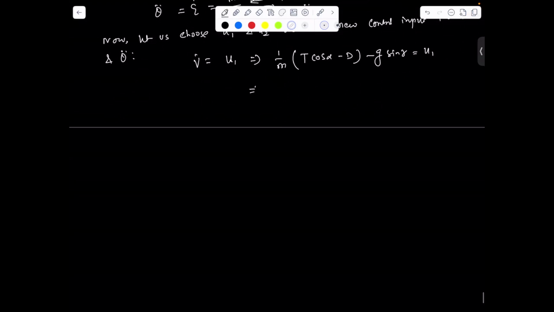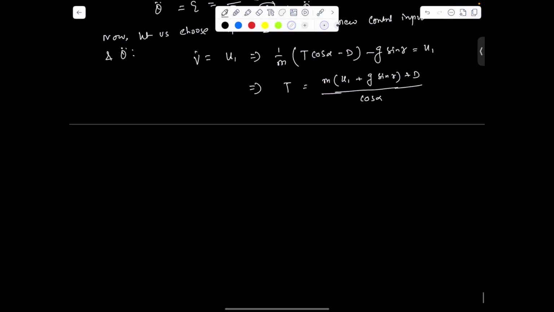And from this equation, we can find T equal to m times U1 plus G sine gamma plus D, divided by cos alpha.